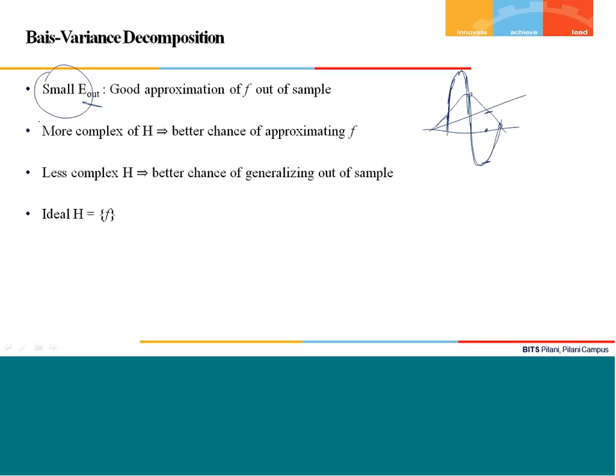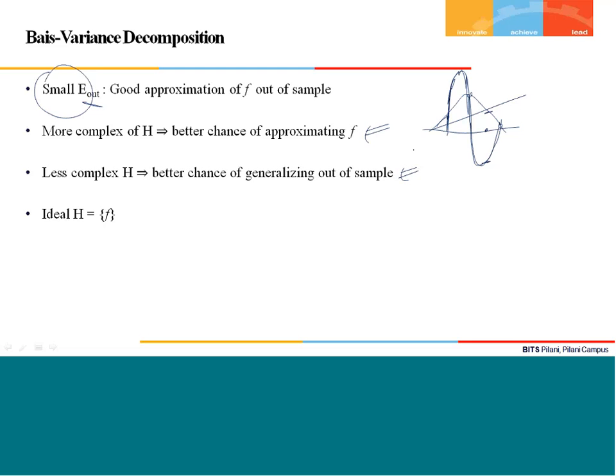And this is nothing but the case of overfitting and underfitting. If you take a more complex H, meaning a higher order polynomial, then you could fit the training data very well, and you have a better chance to get the function near to the true function. But it may be possible that if you have less data, then you can overfit the data.